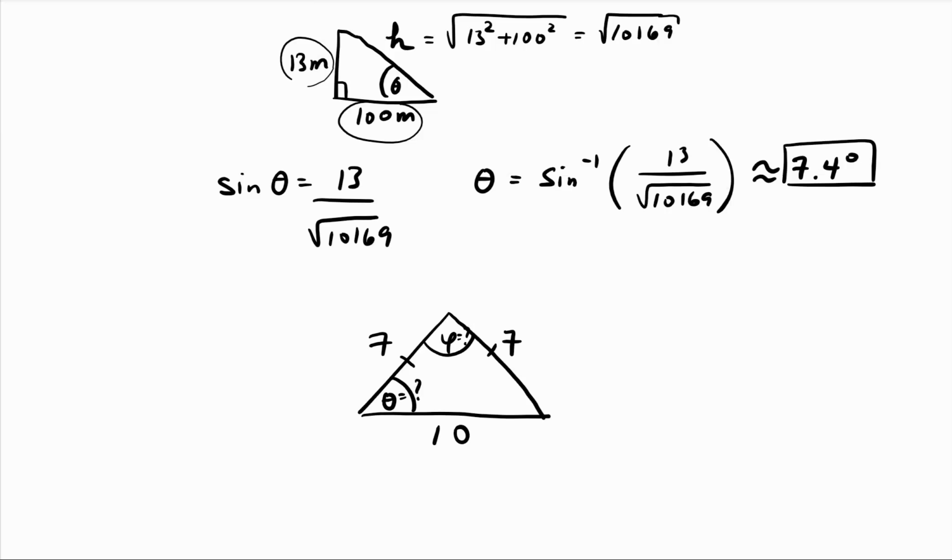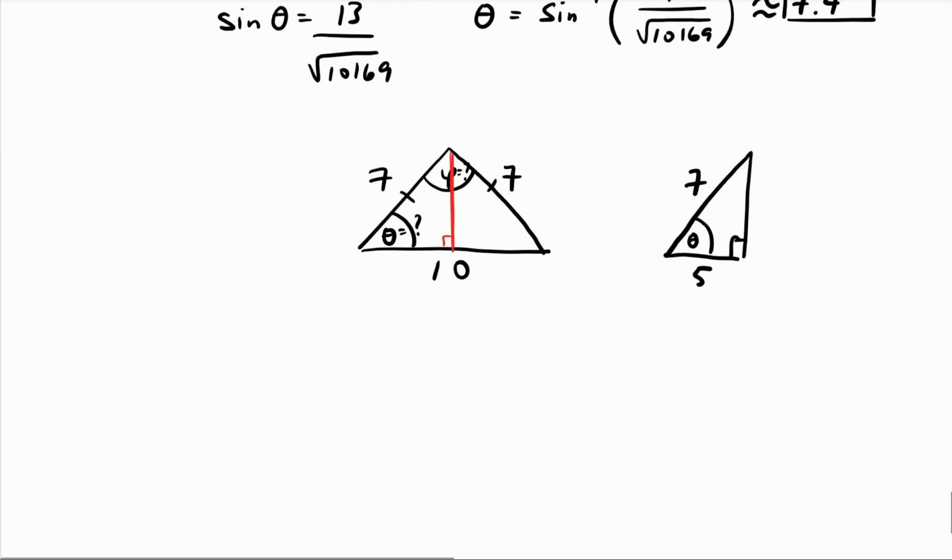One way to work with a right triangle is to split the isosceles triangle into two parts, thus creating two identical right triangles. So a right triangle with a hypotenuse of 7, a base of half of 10, which is 5, and we're looking for theta.